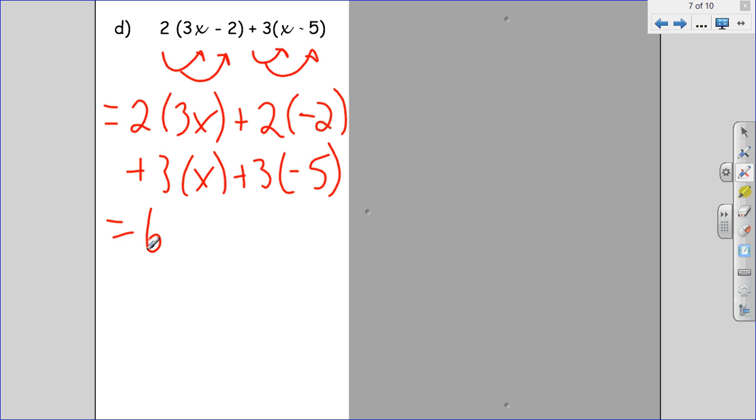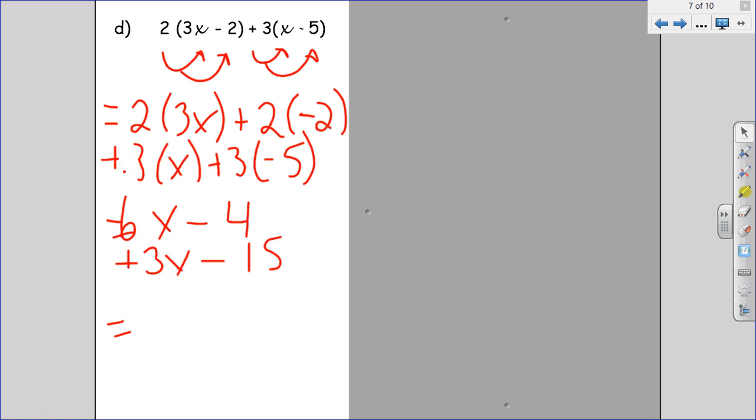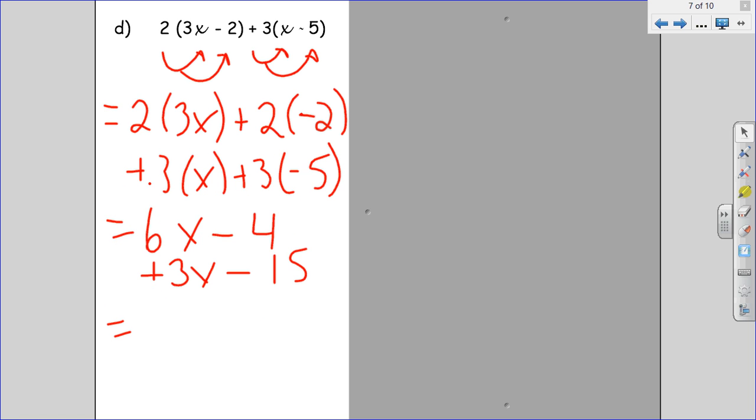2 times 3x is 6x. Positive 2 times negative 2 gives me negative 4. Positive 3 times x is positive 3x. And positive 3 times negative 5 is negative 15. I need to now group my like terms together. And if I look, my 6x and my 3x are the same.